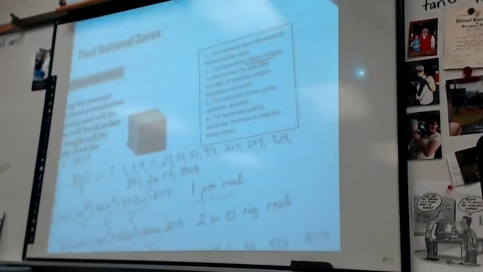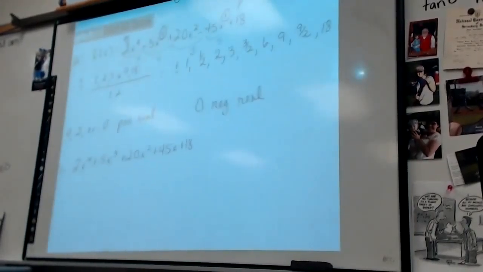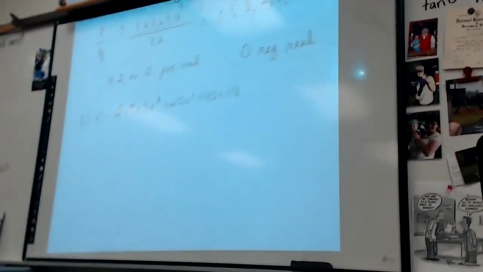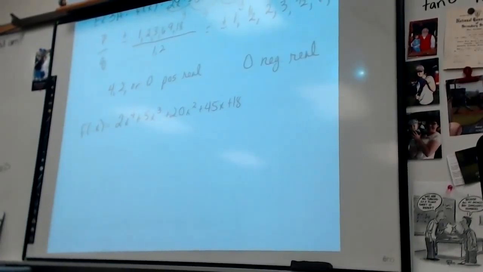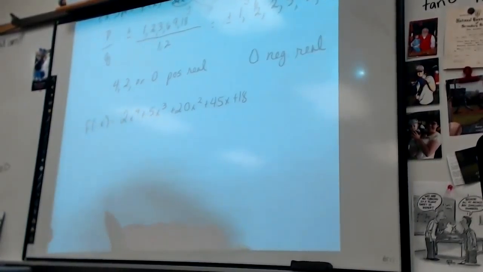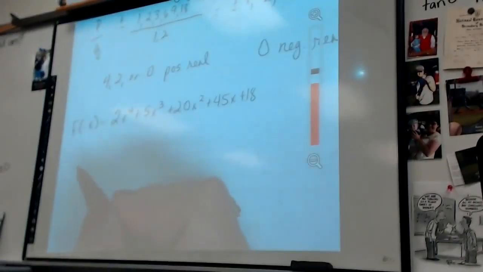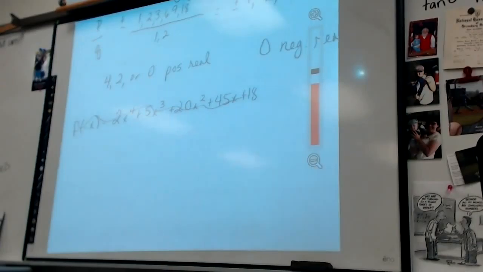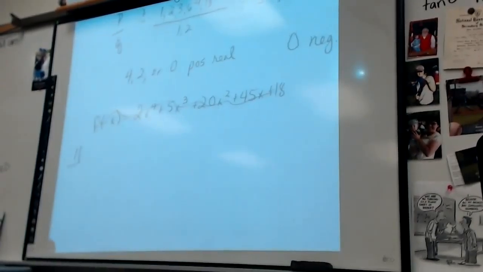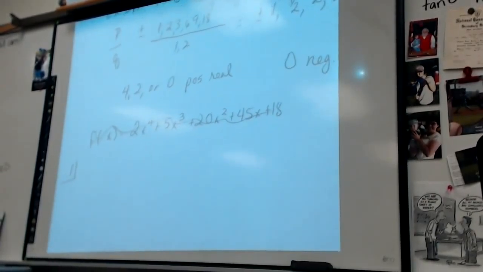All right, so now we're ready to do step 3. Test possible zeros using synthetic division. So where do y'all want to start? 1? I usually start with 1 or negative 1, but we're not worried about negatives here. So we have 1. Now, be sure if you need to mark that out, mark it out. Don't use those coefficients. Use the original.